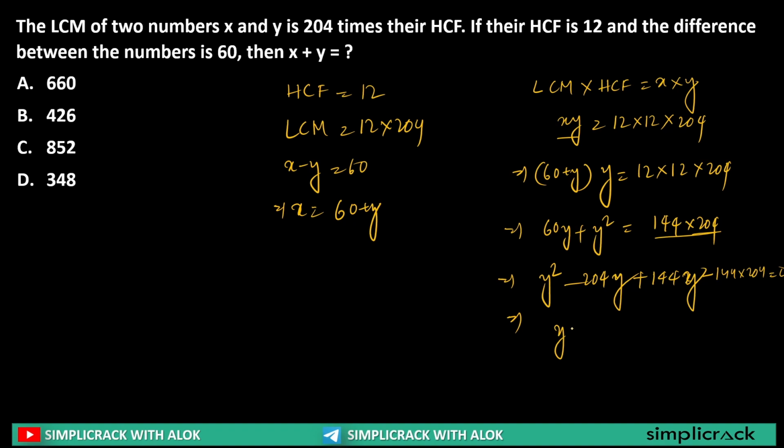Now y into y minus 204 plus 144 y minus 204 is equal to 0. So y can be 204, or sorry, this is plus, this is minus, my bad.